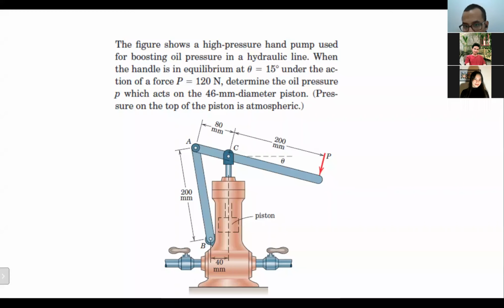Anyone still having a problem understanding this particular example? Adiatma Dipa, do you understand about this? A little bit, sir. Okay. How about you, Sunita? Hello, Sunita?